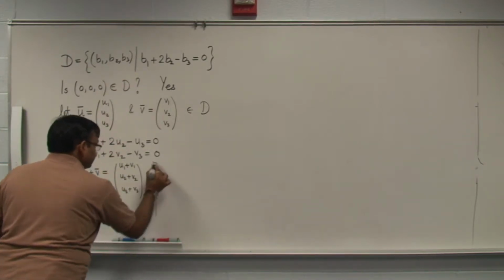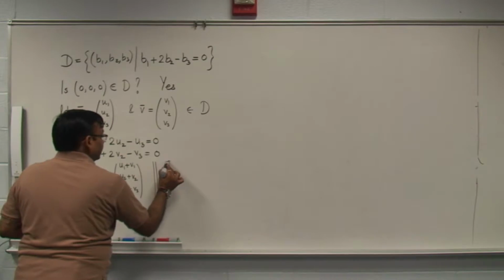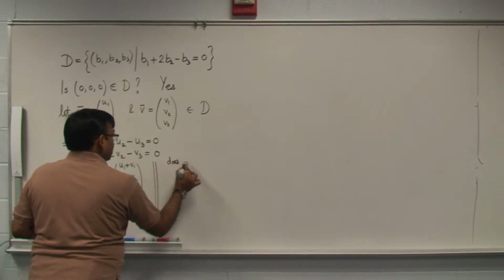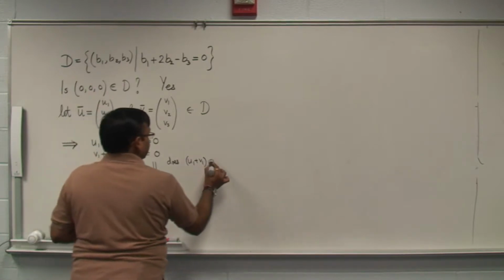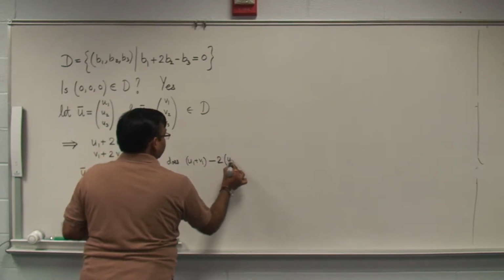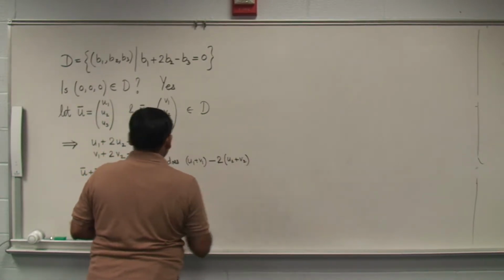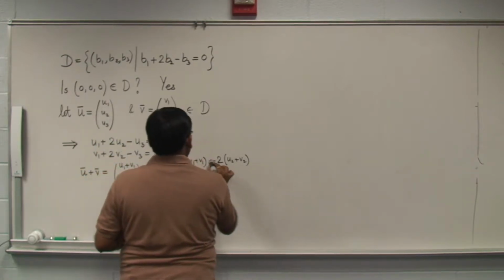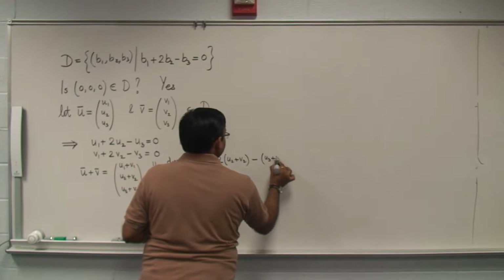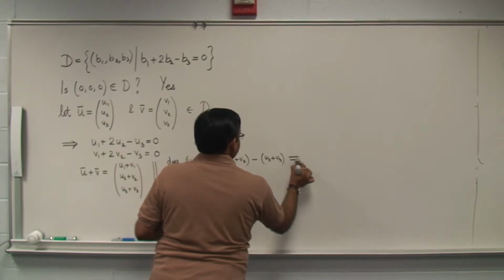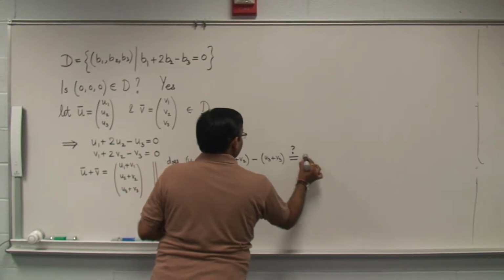So the question is: does u1 plus v1, the first component, plus 2 times u2 plus v2, the second component, minus the third component, which is u3 plus v3, equal 0?